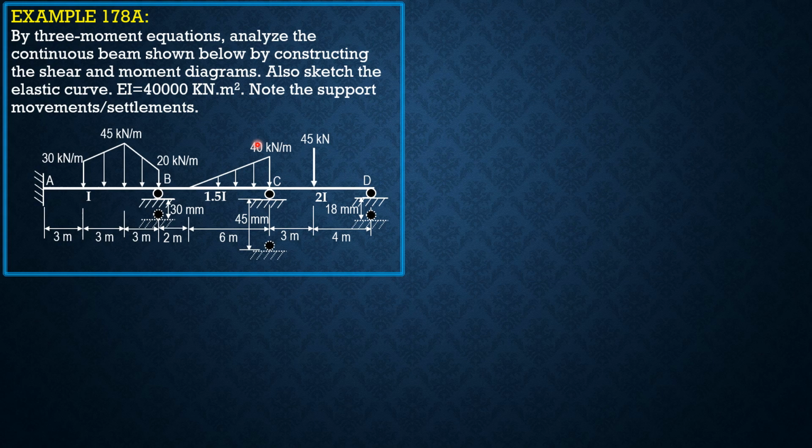So we first transform A into an interior pin and extend it with an interior pin also, so that we apply three moment equations in A prime AB, where moment at A prime is 0. And of course, in preparation for the value of 6 area 2 B over I to L2, you have to consider this strip.